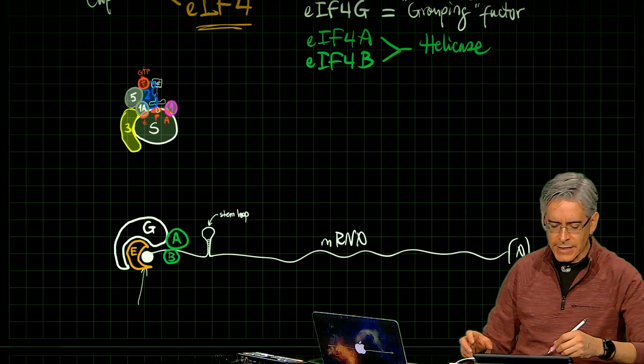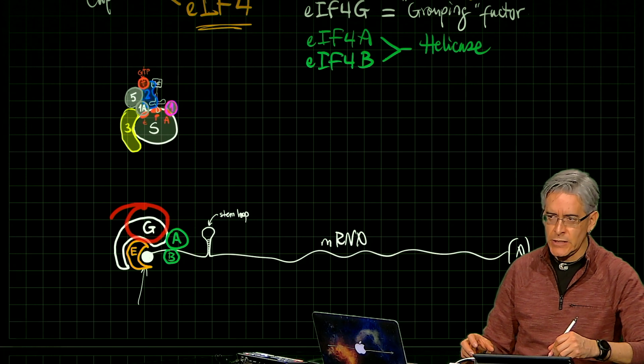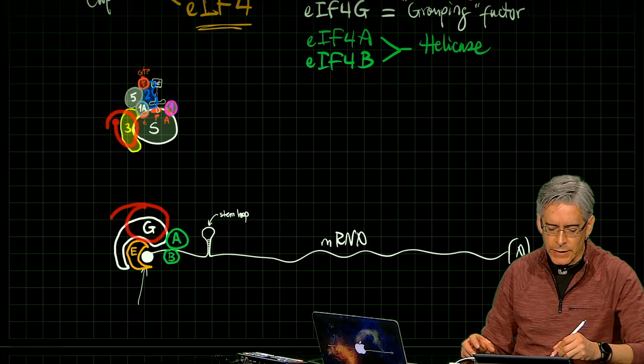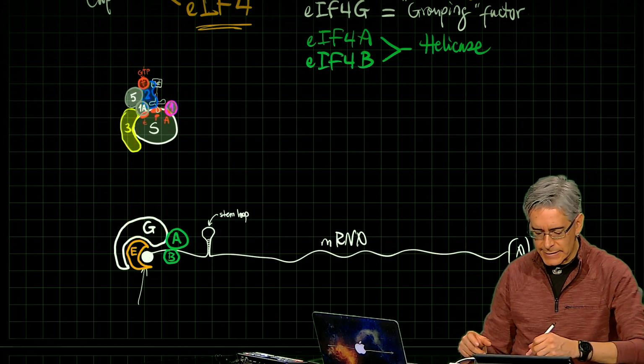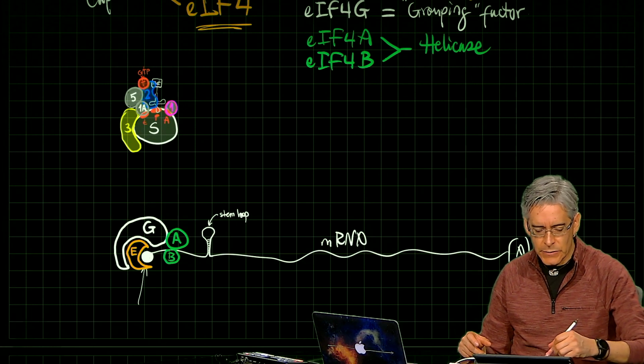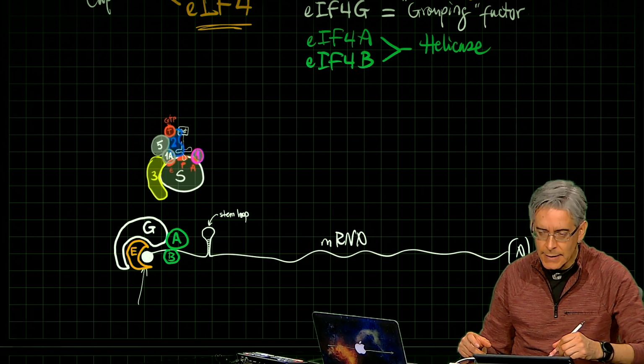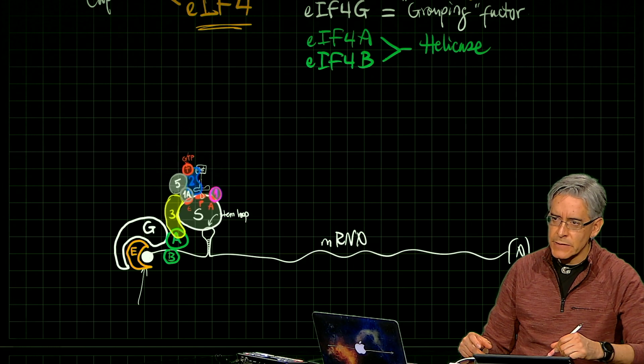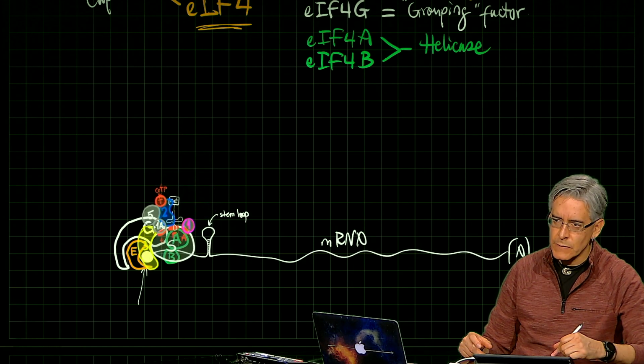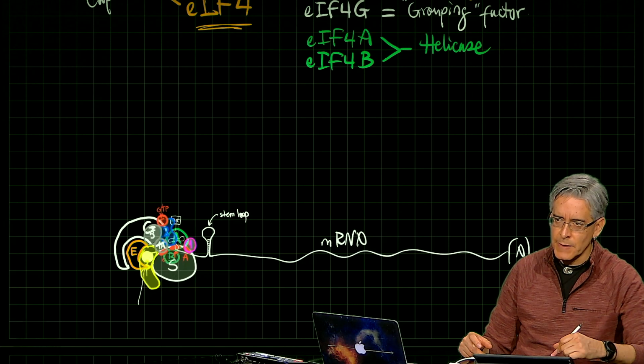So again, the interaction between factor 4G and factor 3 will allow these two complexes to then be brought together. So that interaction then will bring the 43S pre-initiation complex. 43S is going to be bringing the small ribosomal subunit onto the messenger RNA.